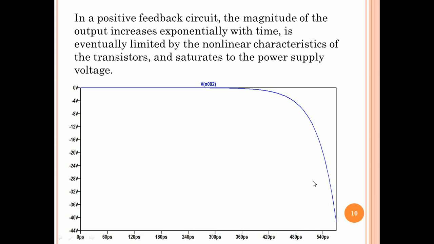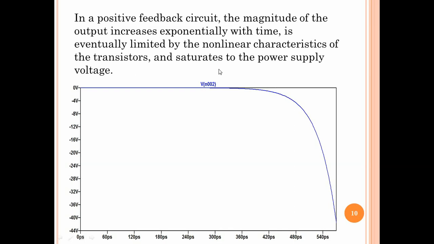But of course, in a real electronic circuit, voltages cannot keep increasing exponentially. They are ultimately limited by the nonlinear characteristics of transistors that make up that circuit. So what will happen in an actual circuit is that transistors which were usually in the active region of operation in an amplifier will go into saturation or cutoff, and overall the output of the circuit will saturate at the power supply voltage.